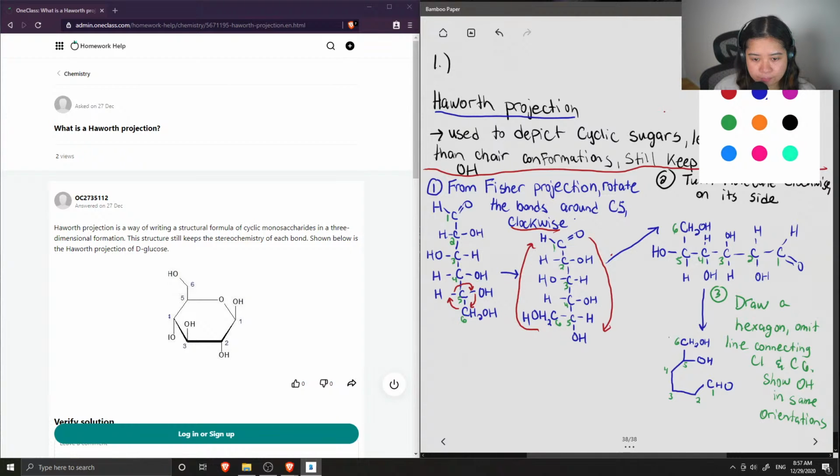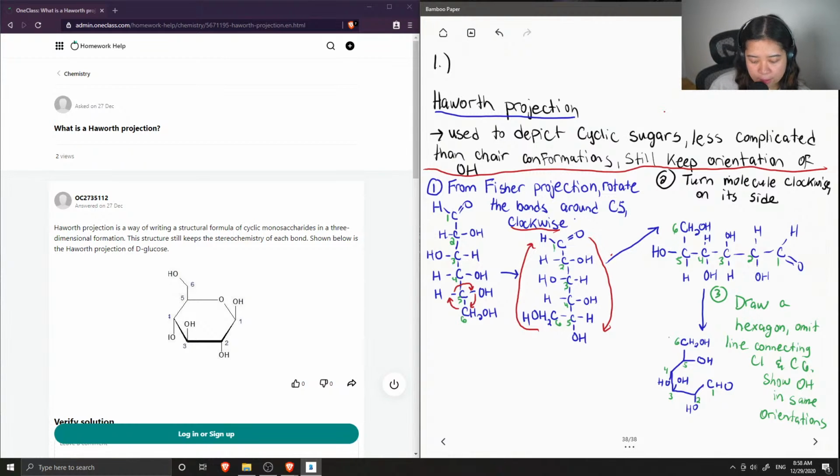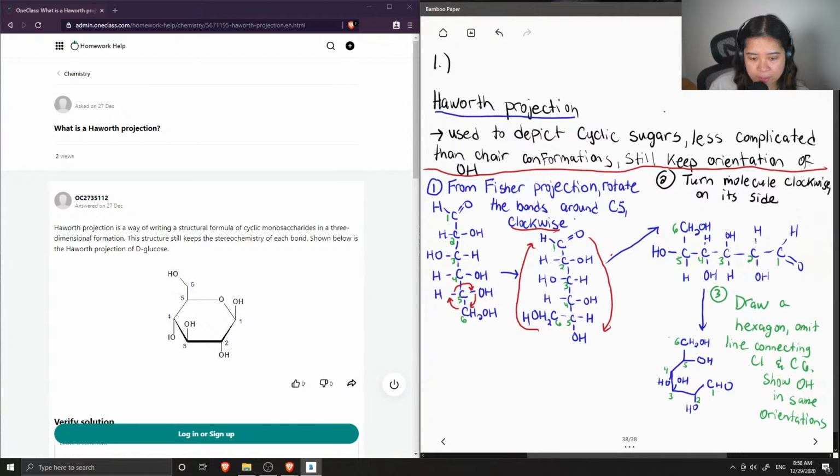So this is carbon 5. This corresponds to this carbon. Carbon 4 has an OH group pointing down. Carbon 3 has an OH group going up. Carbon 2 has an alcohol group going down. And then, yep, so I'm not going to connect carbons 1 and 6 just yet.